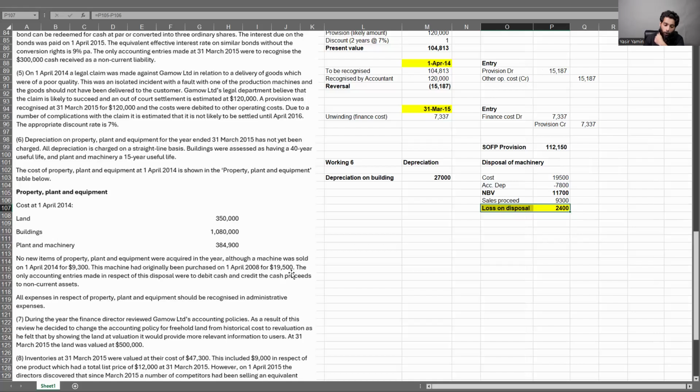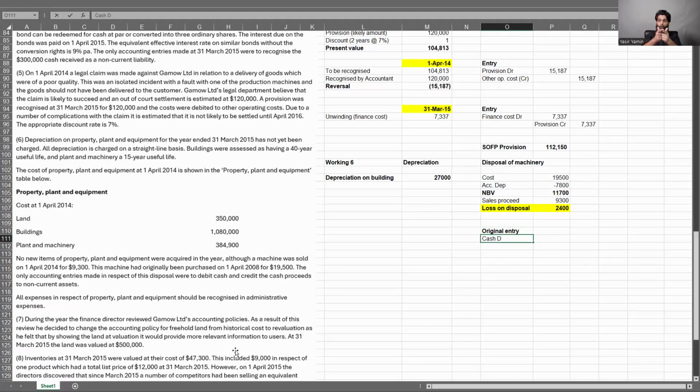Examiner says the only accounting entries made in respect of this disposal were debit to cash and credit to non-current asset. When a disposal happens, what should be the original entry? You receive cash.